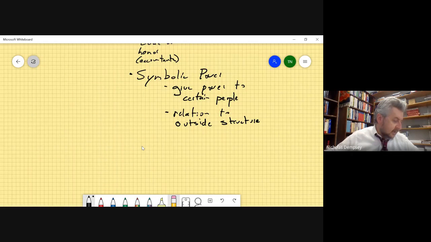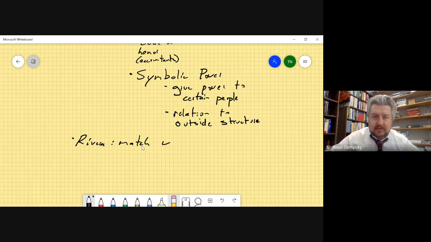Okay, and then Rivera was just really more on matching workers to internal cultures. But also, as Joel drilled home, I think that's also tied to broader power structures.